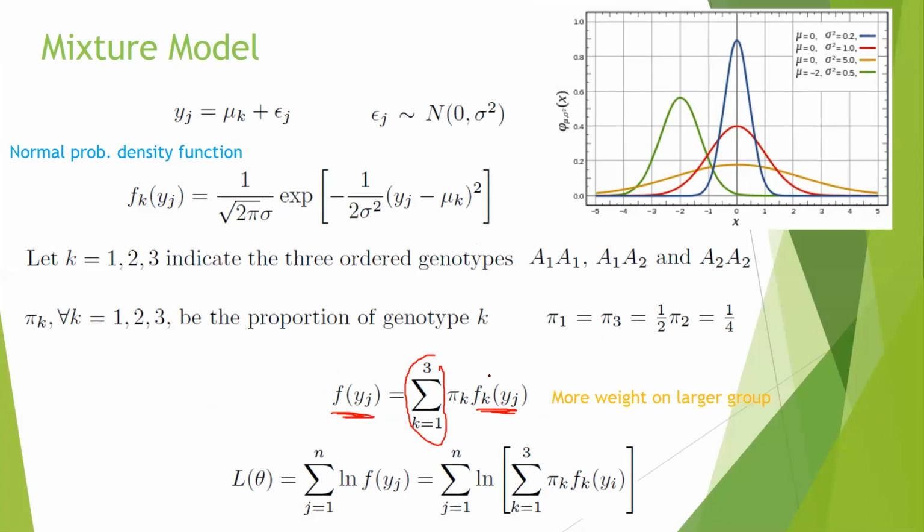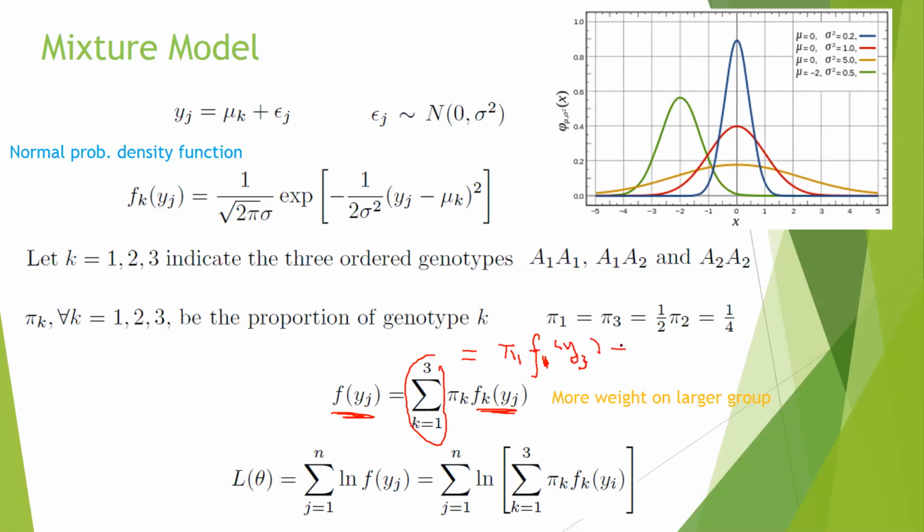Look at here, k equals 1, 2, or 3. We need to add up the terms: pi 1 times the density if it is the first category. If this individual belongs to the first genotype, then this is the first component.